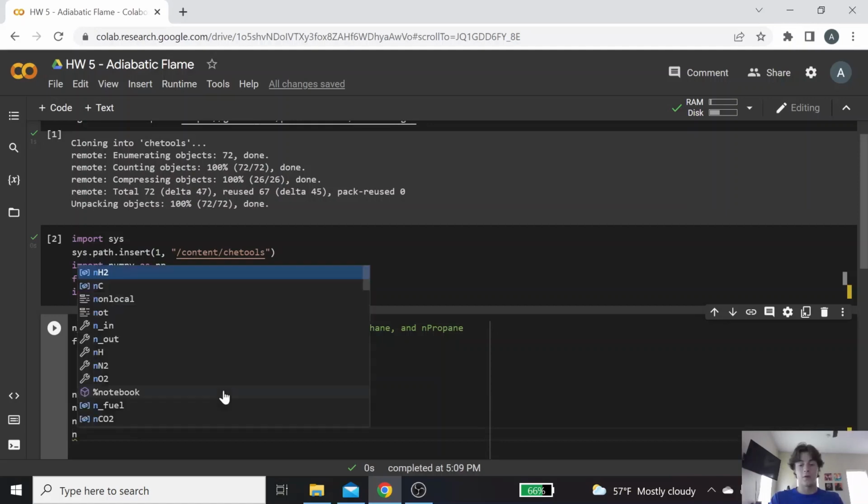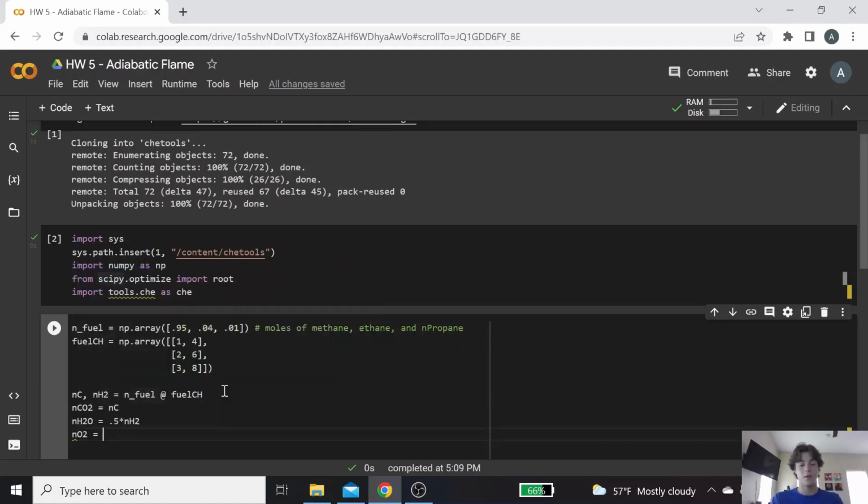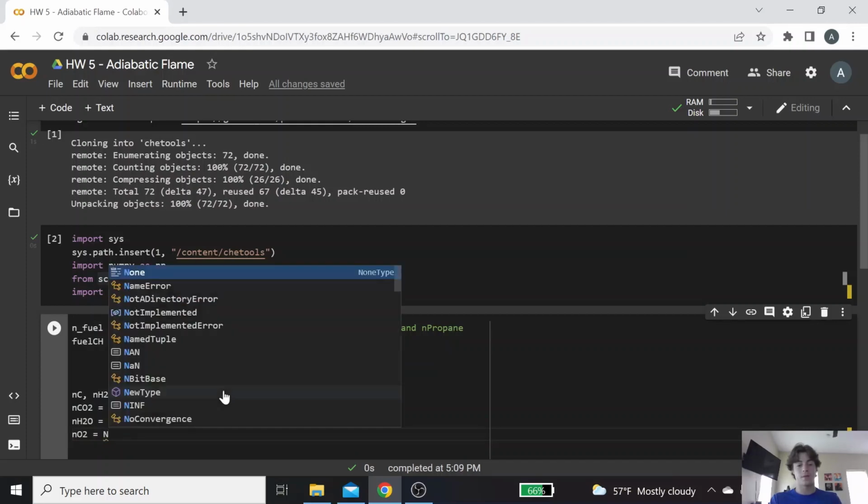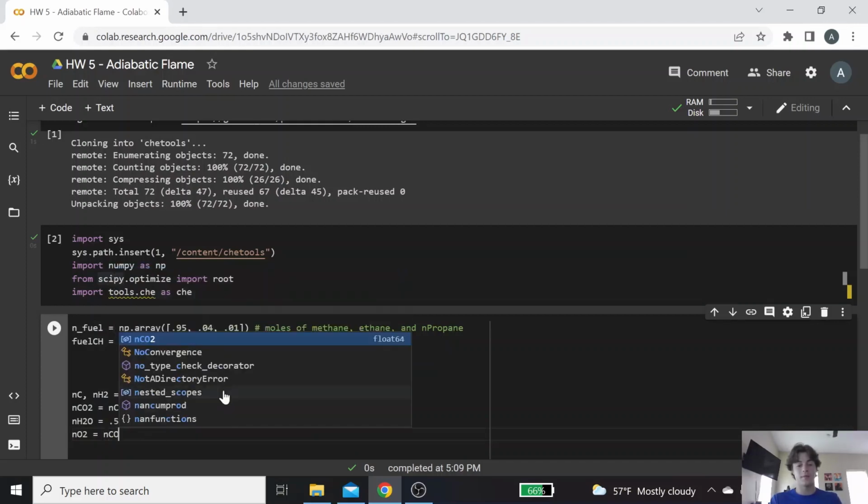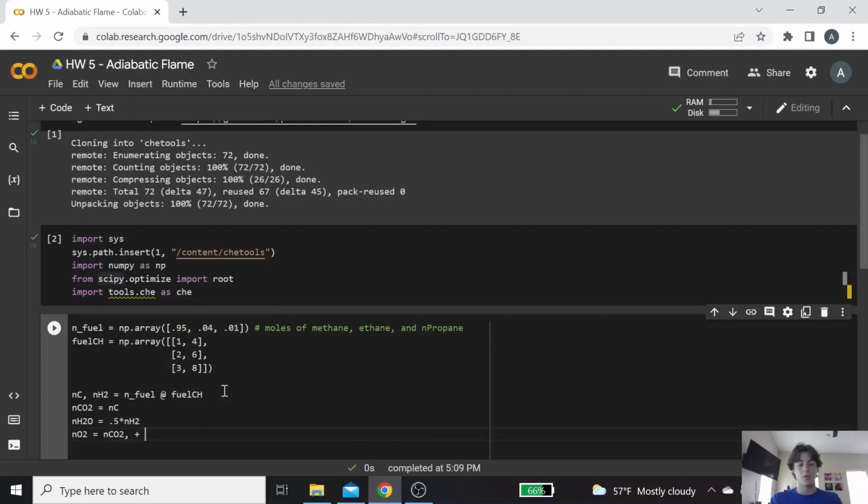And then for our moles of oxygen, it will be the moles of carbon dioxide plus half the moles of water, since there's only one oxygen atom in a water molecule. We'll have half of that, since the chemical makeup of pure oxygen is O2.